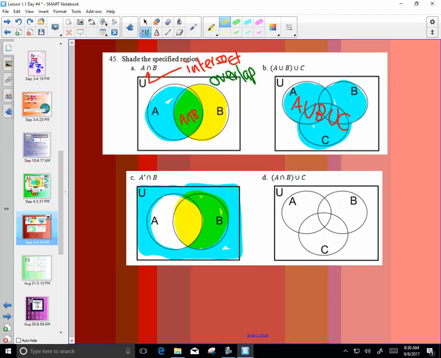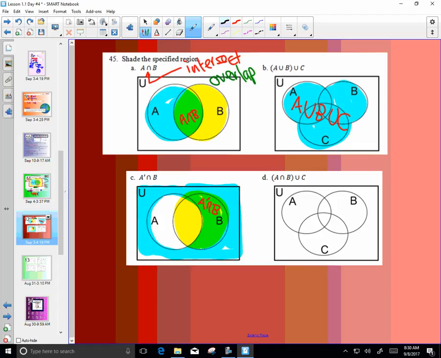So which color do we want for the intersection of not A and B? Yellow or green or blue? Green, yep. So this is going to be not A intersect B. Great.